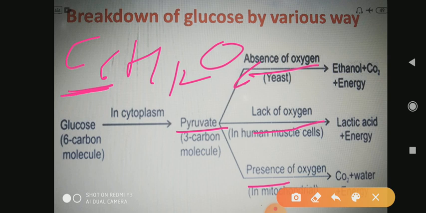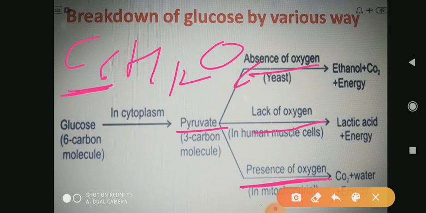Number one, in the normal condition, presence of oxygen, if oxygen is present, it means every condition is normal, then this glucose molecule breaks down into CO2 plus water plus energy in the form of ATP, adenosine triphosphate. This process takes place in the mitochondria. Now second condition, if oxygen is absent, then this type of respiration, or this pathway, is followed in yeast.